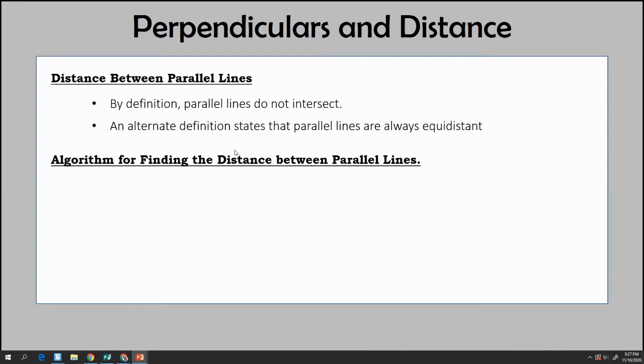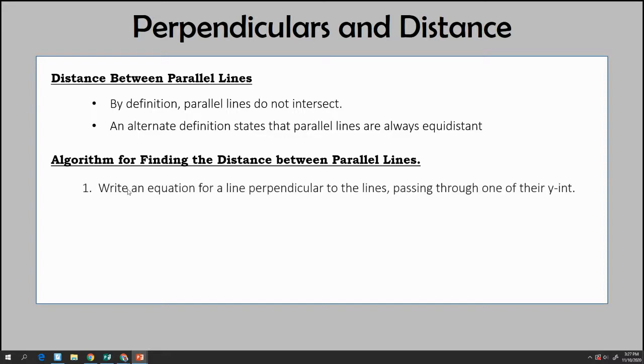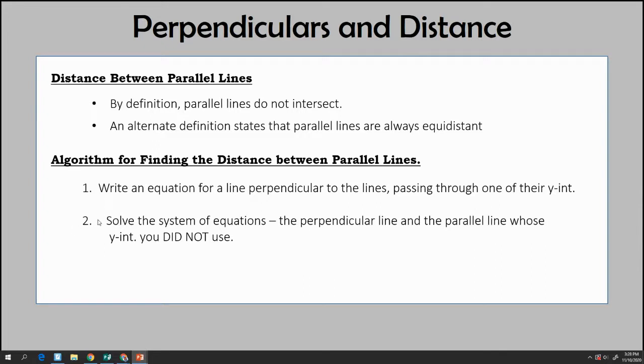The algorithm for finding the distance between parallel lines goes like this. Number one, we're going to write an equation for a line that's perpendicular to both lines, because if it's perpendicular to one, it's perpendicular to the other, and passes through one of their y-intercepts. Second, we're going to solve the system of equations: the new perpendicular line that we've written and the parallel line whose y-intercept we did not use.